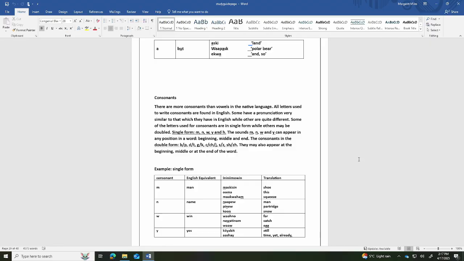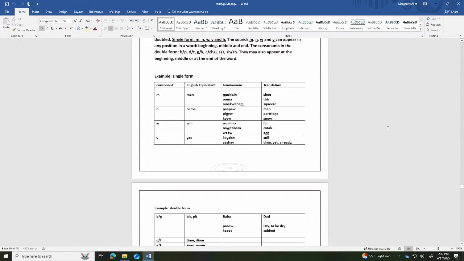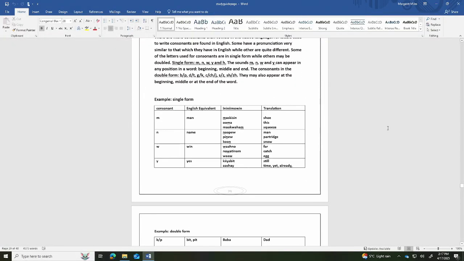The single form letters are M, N, W, and Y. So we'll do some examples in the single form.